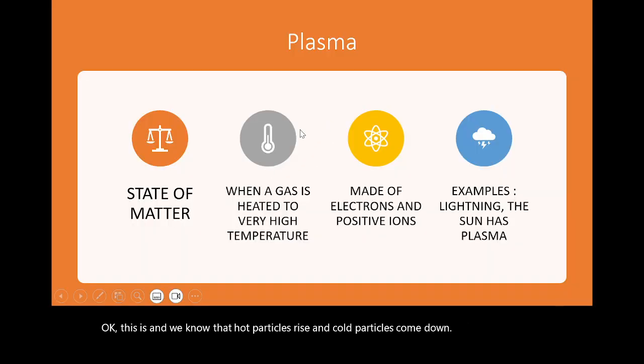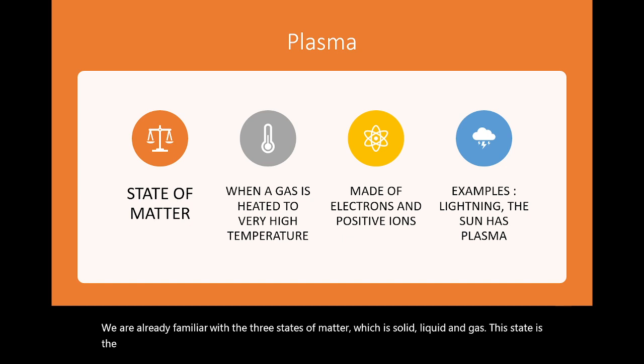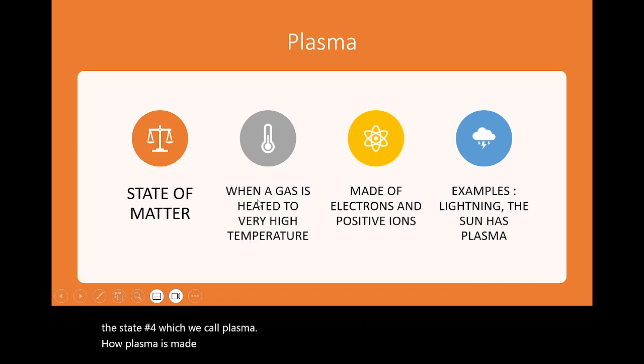Now there is another topic, we call it plasma. Plasma is a state of matter. We are already familiar with the three states of matter, which are solid, liquid, and gas. This is state number 4, which we call plasma. How is plasma made? It is made from a gas.